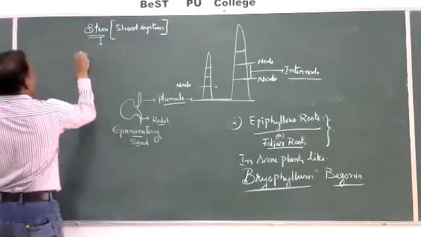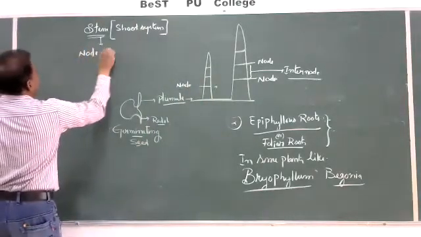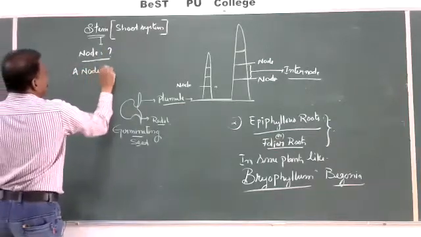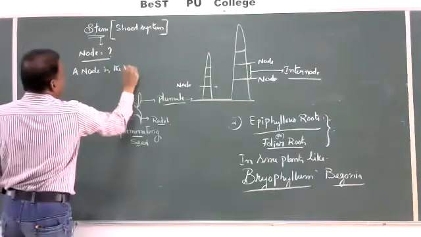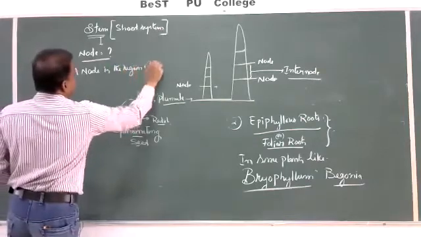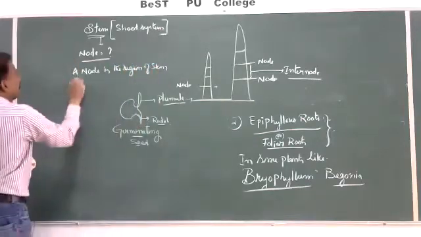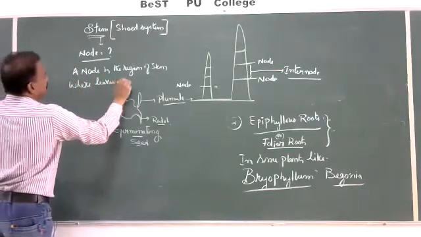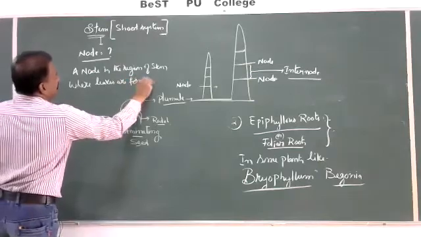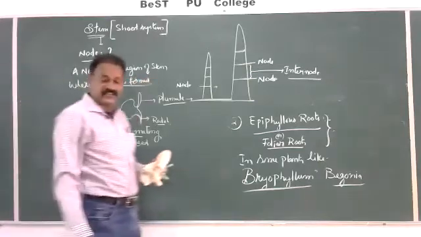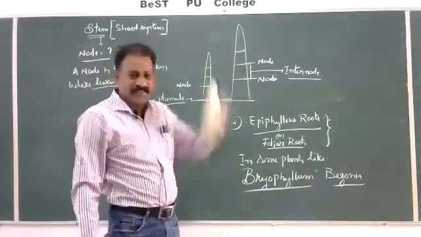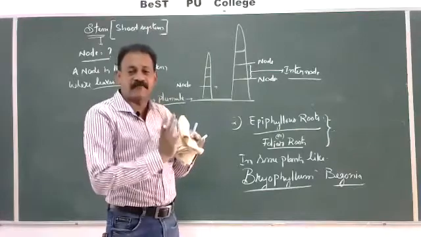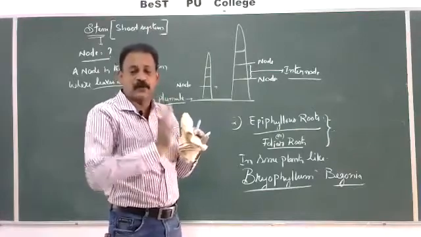What is a node? A node is that region of the stem where leaves are born. Leaves are formed. So how to differentiate what is a node? Node means the place on the stem where a new leaf will originate and develop.